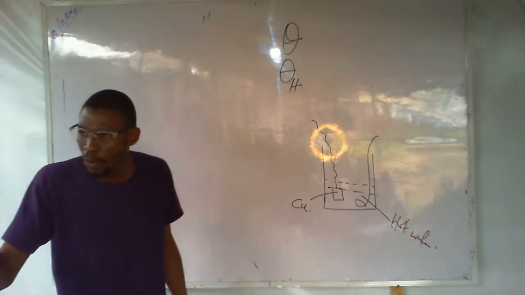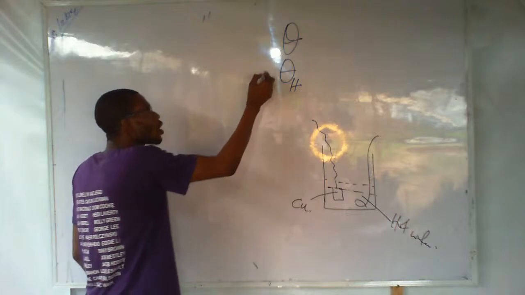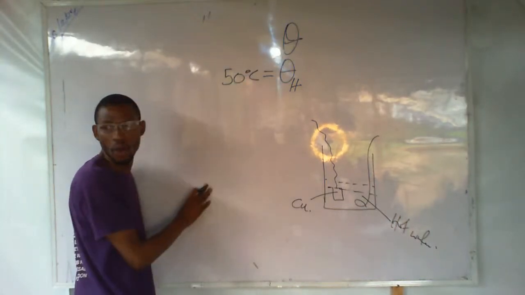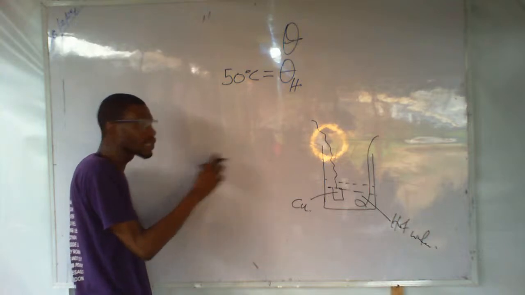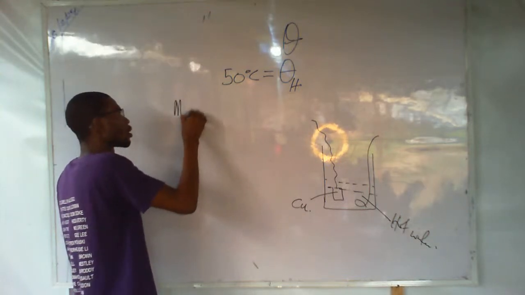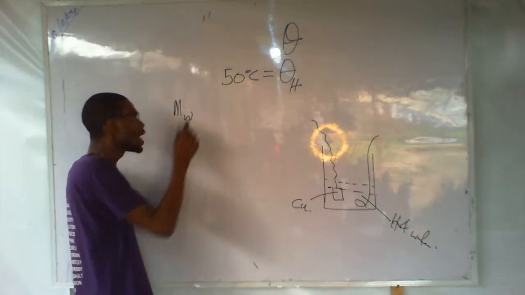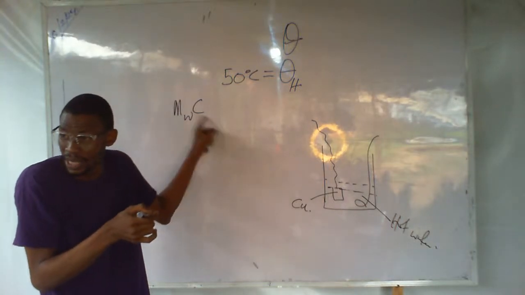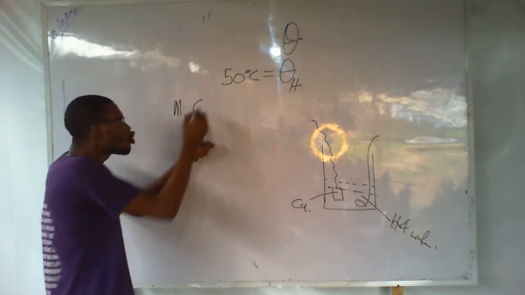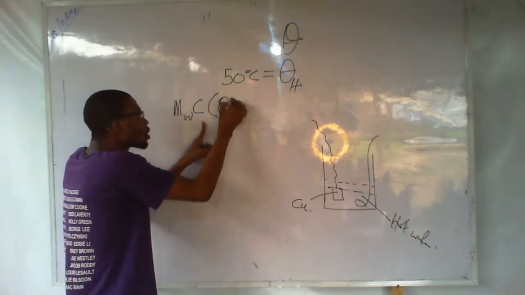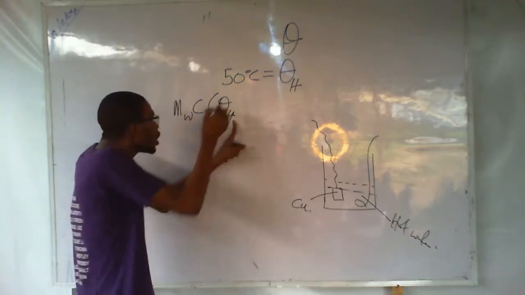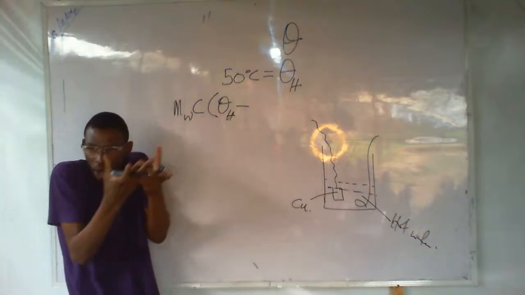If the water is at 50 degrees before, let's say this is the mass of water, and this is the quantity of heat used, like the specific heat capacity. So now this hot water will drop; the temperature will fall down.